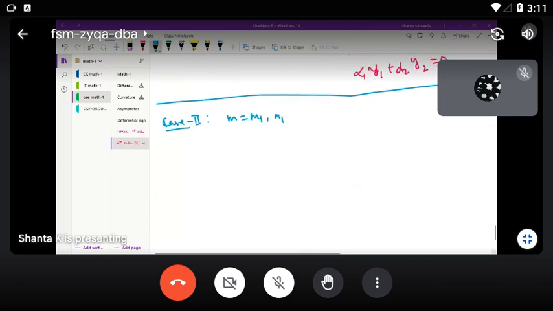If m1 is repeated, see this one, (d minus m1) square y equals 0. So you can write it this way.